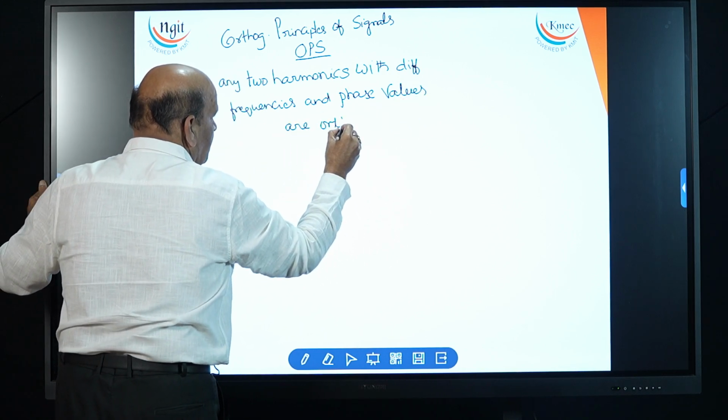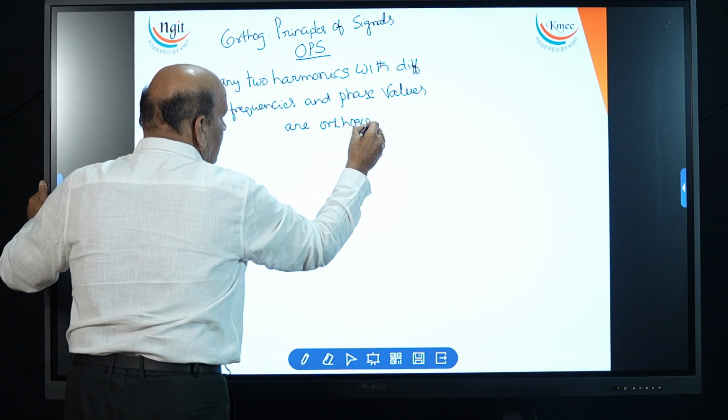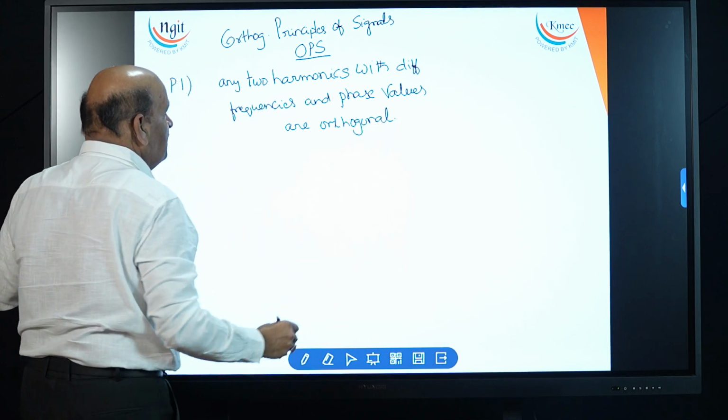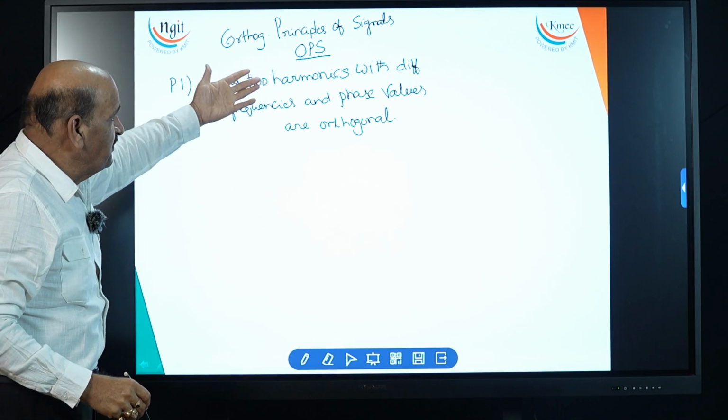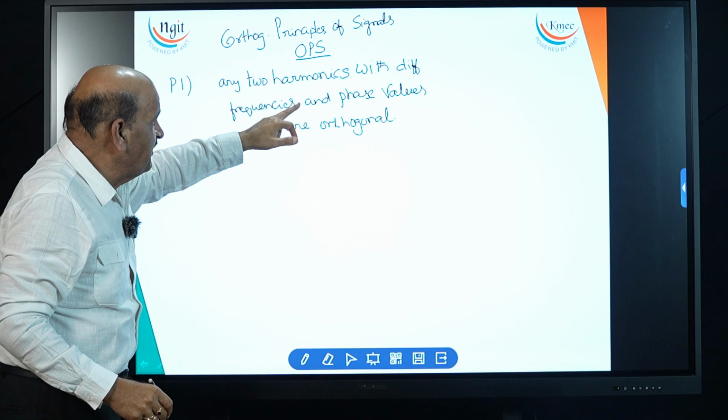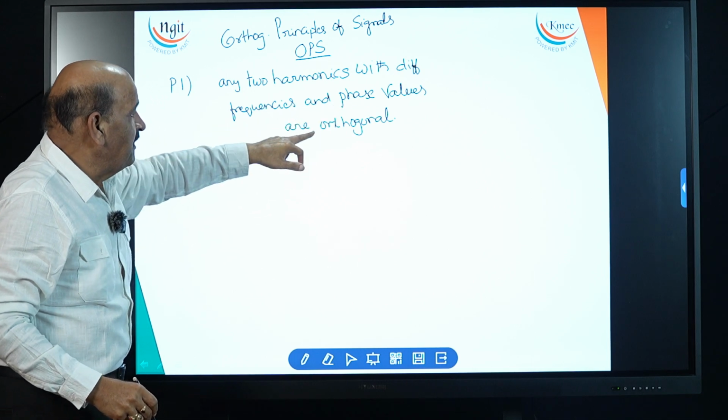They are orthogonal. Very much important. Now just look at any two harmonics. That means any two signals. You take any two signals with different frequencies and phase values, they are orthogonal.